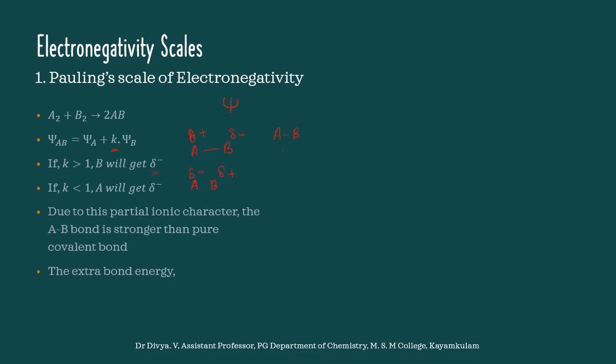And the extra bond energy, denoted as delta, can be written as the difference between the actual bond energy, that is a measured one, minus the energy for a 100% covalent bond.